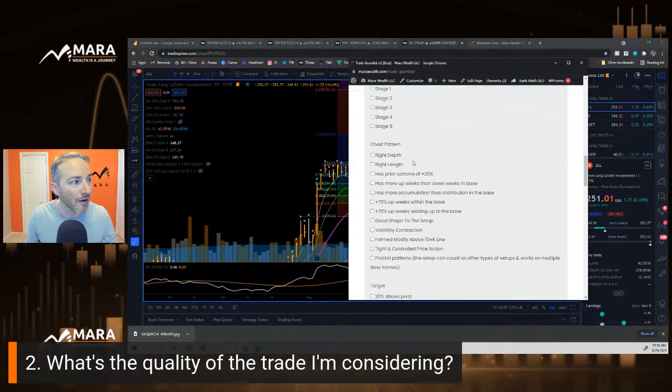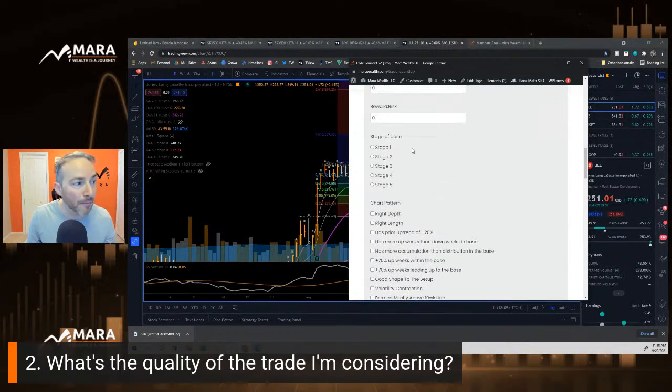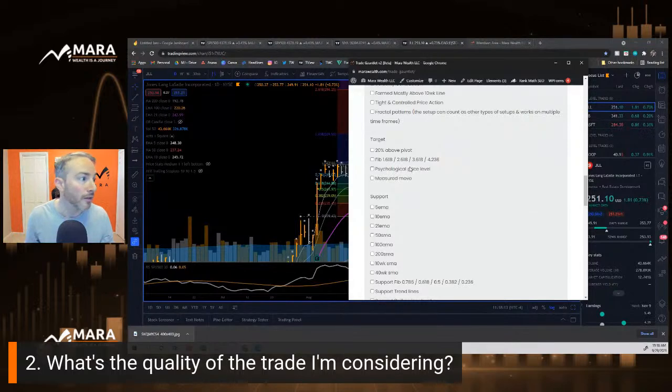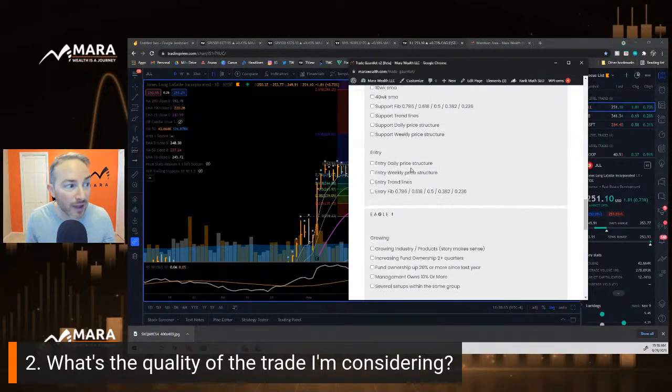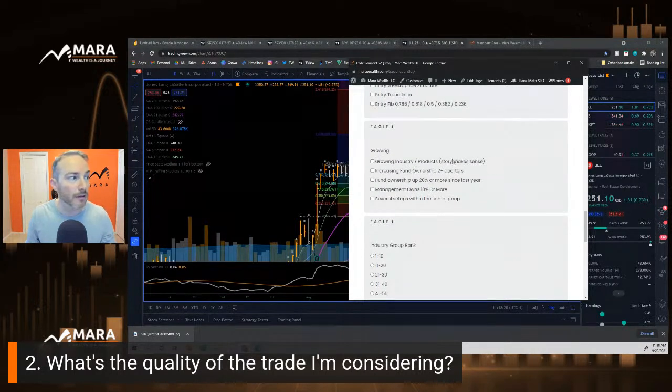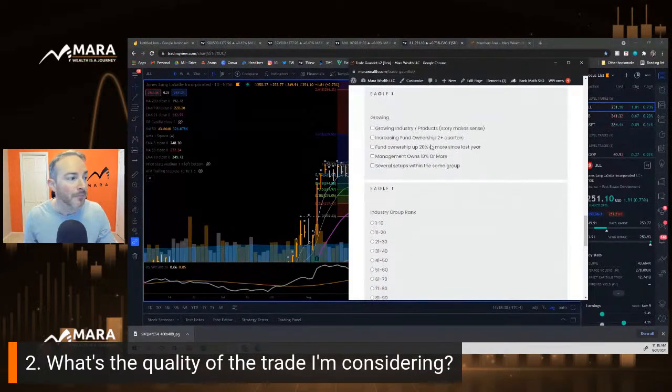Then from there, I'm going through a bunch of different fundamental characteristics that I'm interested in, and a lot of different technical characteristics about the stage of the base, the chart pattern, confluences for the target, support levels, the entry levels, all that stuff. Whether this is a game-changing stock, whether it's growing in fund ownership, its industry group, management.